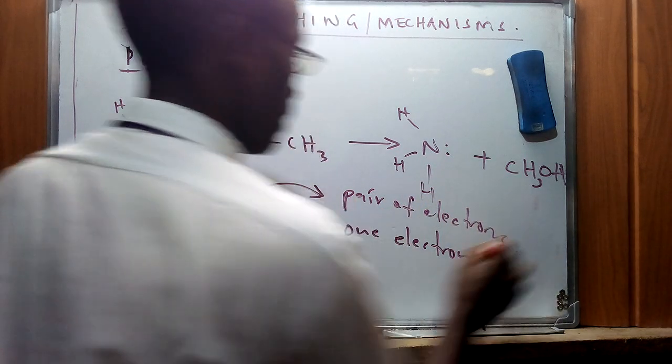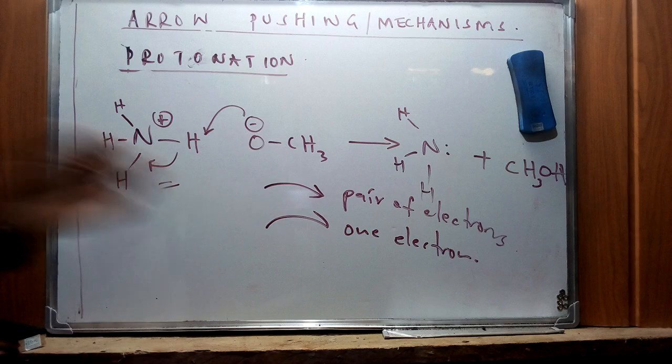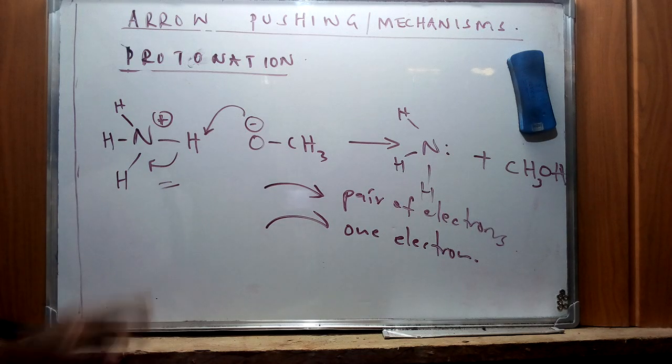This is going to be of essence for us in understanding the reaction mechanisms that are going to be relied on heavily in organic mechanisms, which will be shown in various videos that we're going to discuss later.